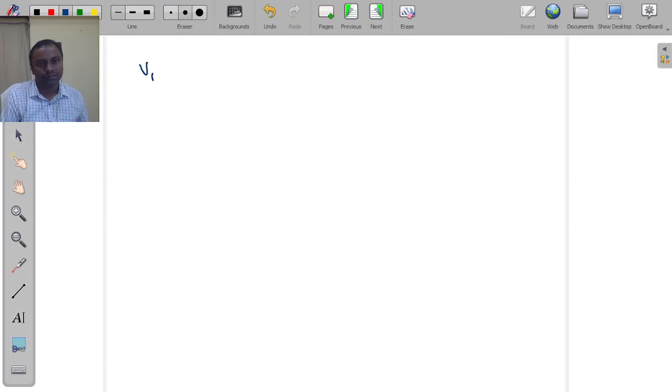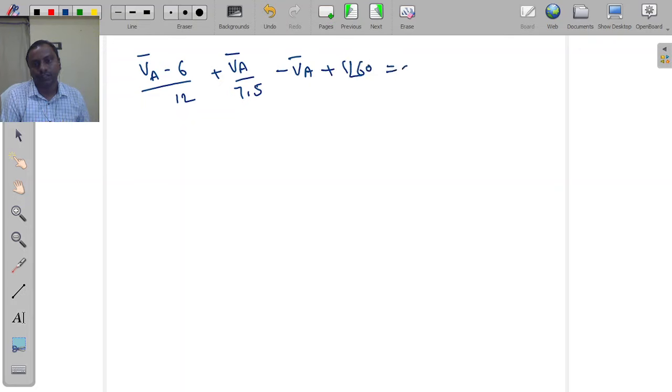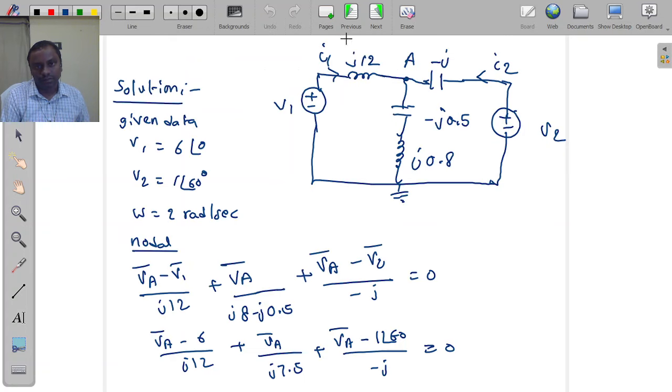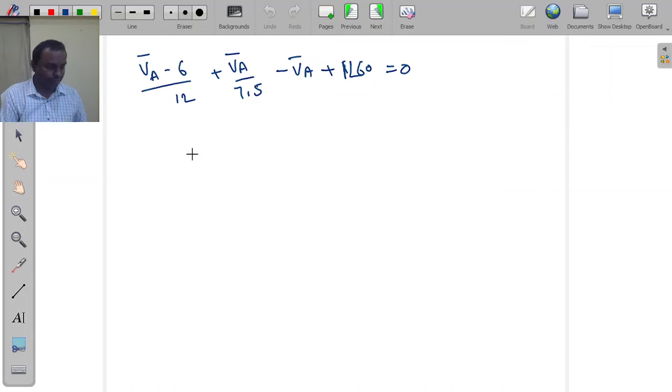Now VA minus 6 by 12 plus VA by 7.5 minus VA plus 1 angle 60 equal to 0. We multiply all of this with J. Now we take the LCM and rearrange.